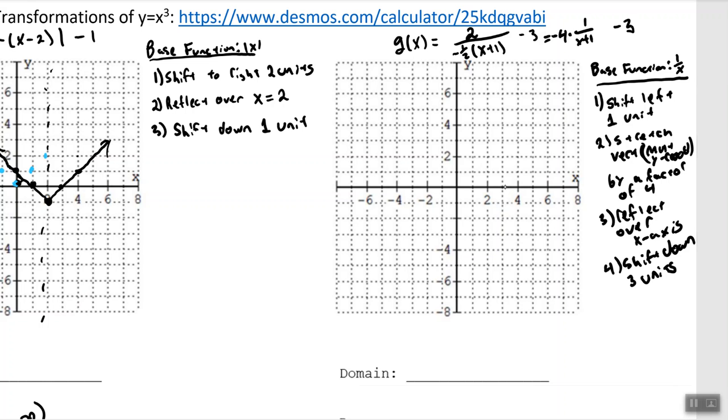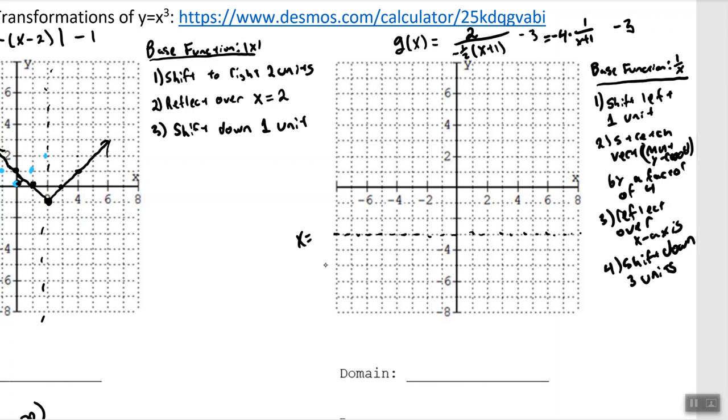I can't stretch vertically, since y equal to 0 is the same thing as multiplying 0 by 4, so it doesn't go anywhere. I can't reflect it over the x-axis because it is the x-axis right now. And then shifting it down 3 units. So the only part of our transformation that moves the horizontal axis is the shifting down of 3 units.